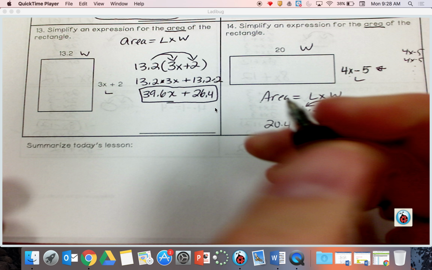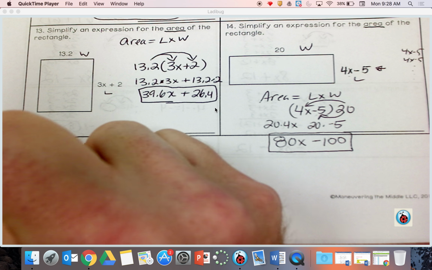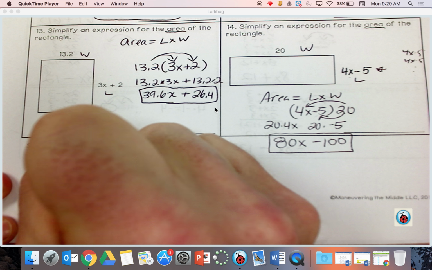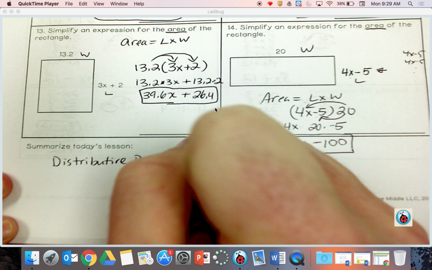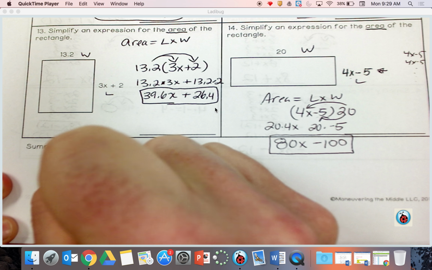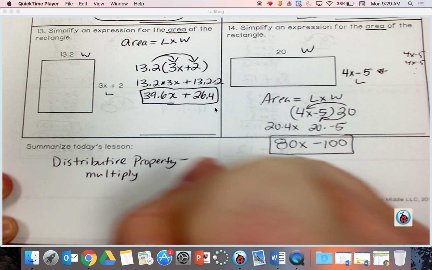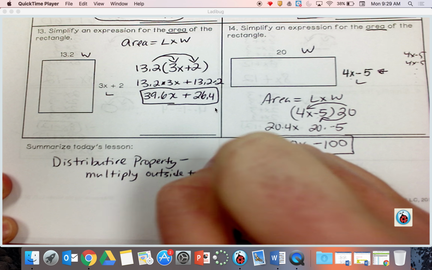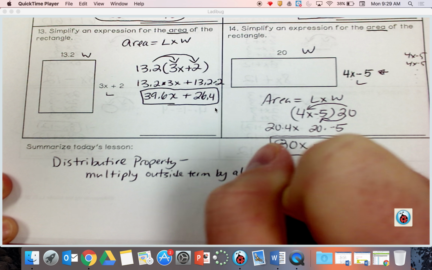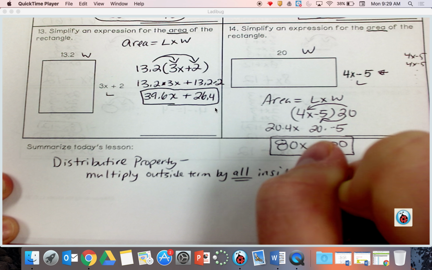So to summarize, the distributive property, what we talked about before, is to multiply the outside term by all inside terms.